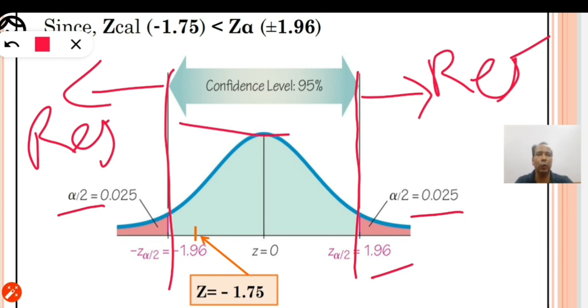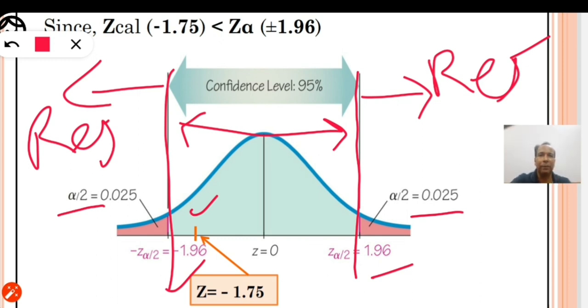And this is the acceptance region. We can clearly see that the calculated value of Z, that is minus 1.75, is within the acceptance region.